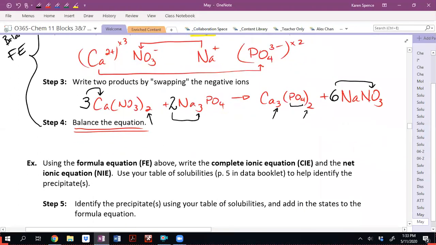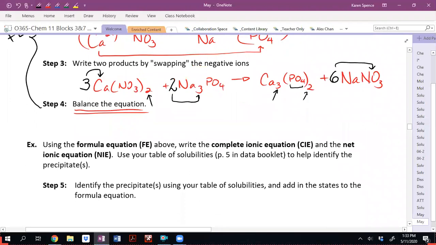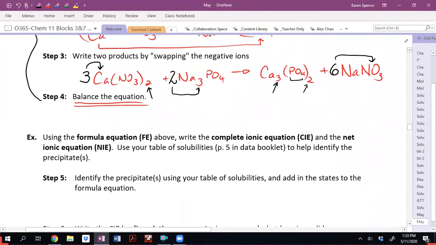Now we're going to write the formula equation including the states. So we have Ca(NO3)2. You can assume that any reactants I give you are going to be aqueous unless I tell you otherwise.